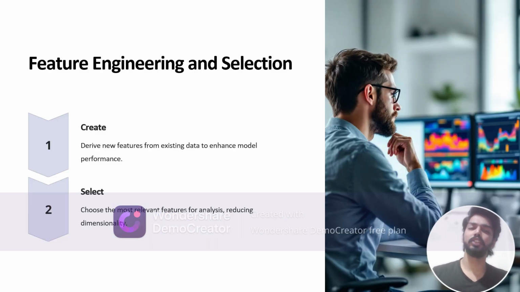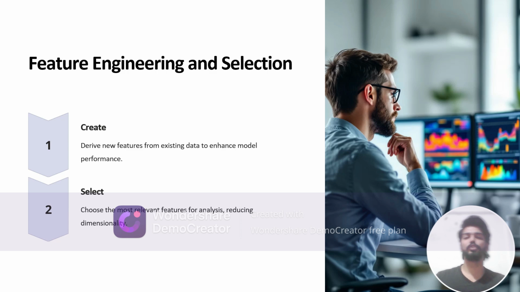Feature engineering and selection. What is feature engineering and selection? Basically, feature engineering ensures that the model we are preparing is the best and the most efficient model that you create. Derive new features from existing data to enhance model performance.